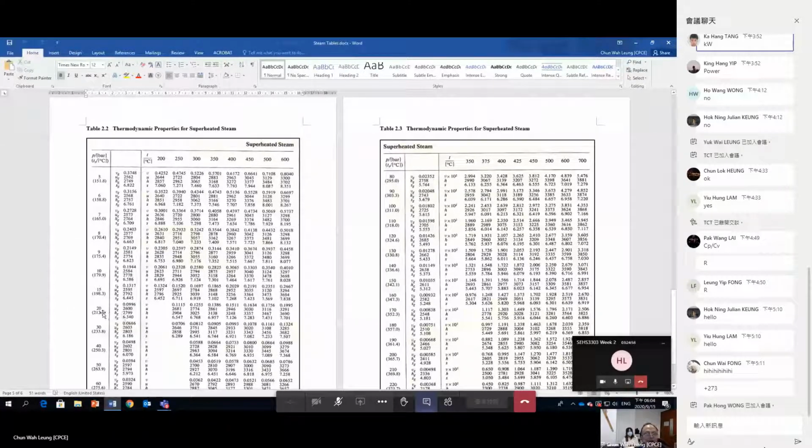Pressure 20 bar. So therefore we read along this row. We have the reading at 250 degrees centigrade, and we have the reading at 300 degrees centigrade. But we do not have 280.